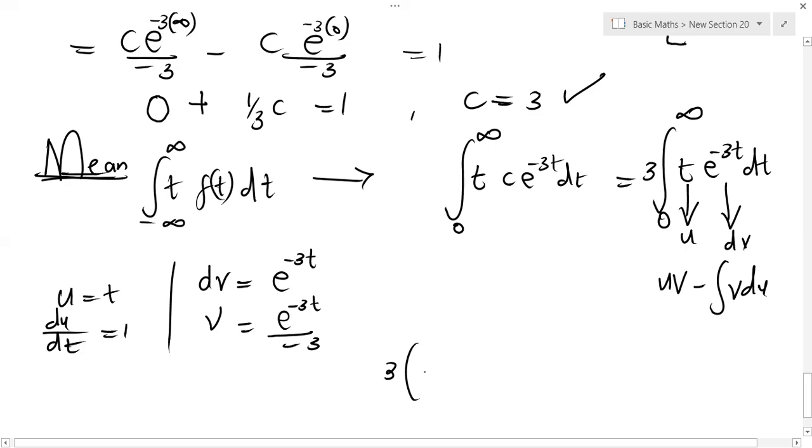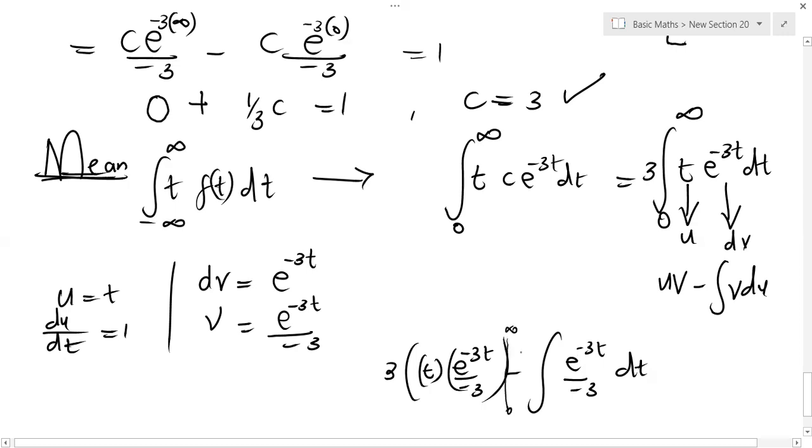So 3 into uv, where u is t multiplied by v, which is exponential minus 3t over minus 3, minus the integral of v, which is exponential minus 3t over minus 3, multiplied by du, which is dt. And don't forget that we're integrating from 0 to infinity.